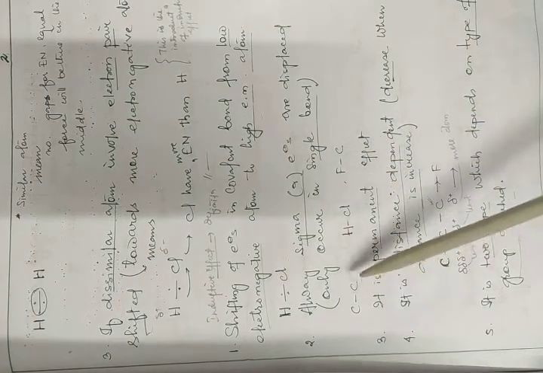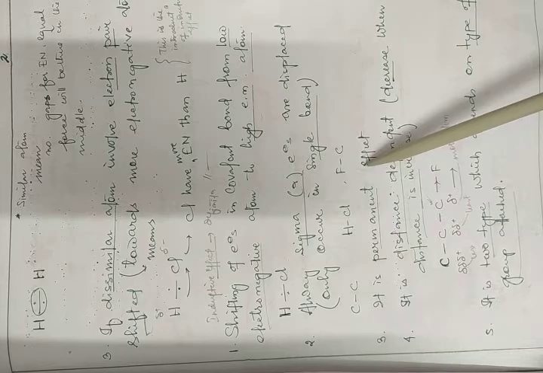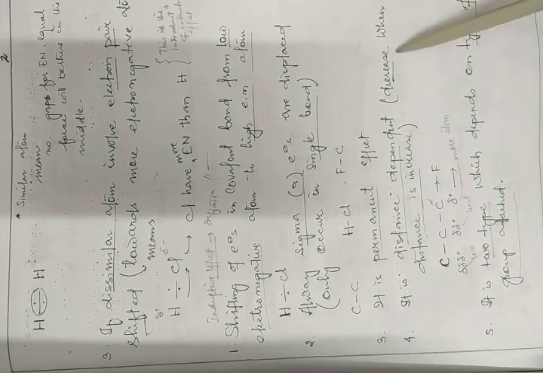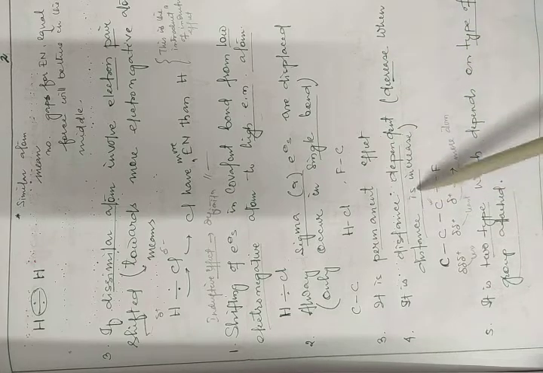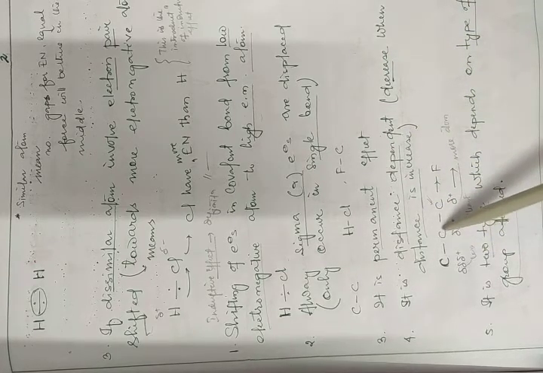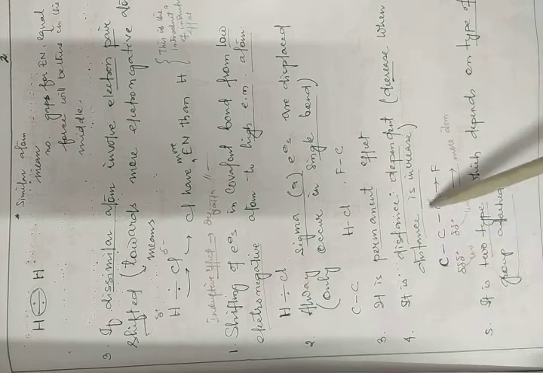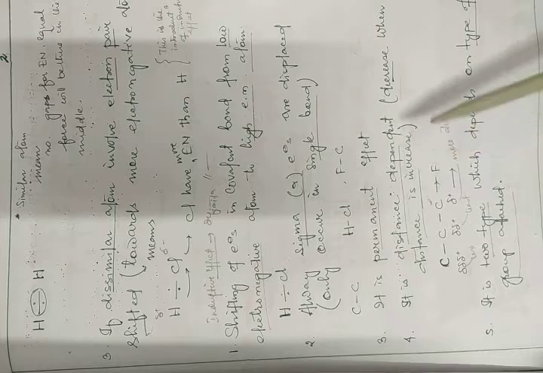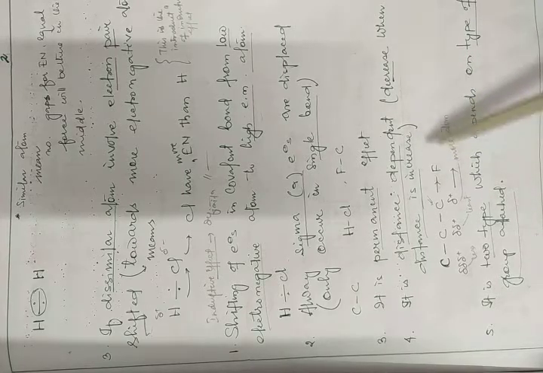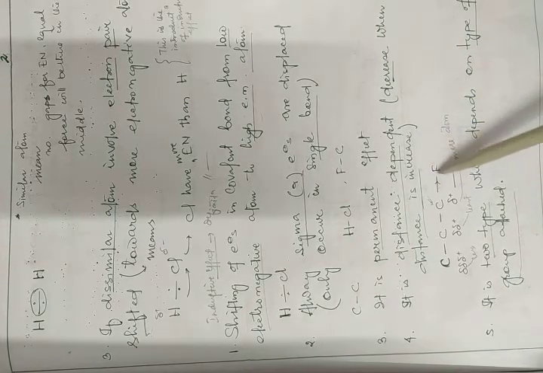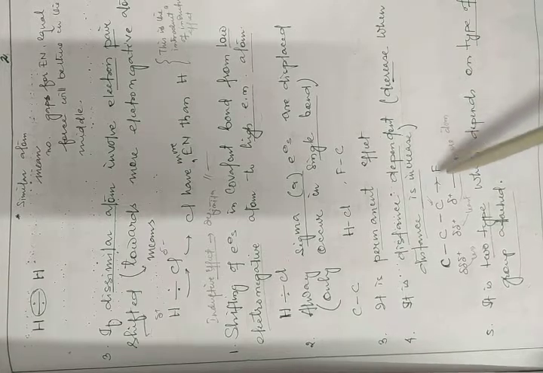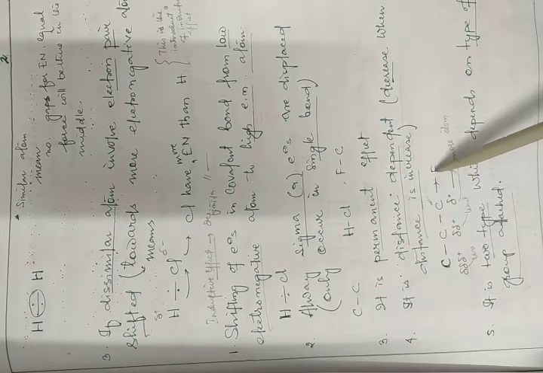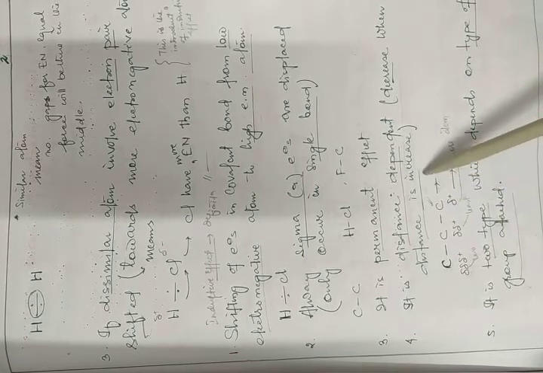Whatever the sharing of electrons, it is a permanent effect, and it is distance dependent: it decreases when the distance is increased. Here 3 carbons are attached to this fluorine. The fluorine has more electronegativity, and the effect depends on distance.